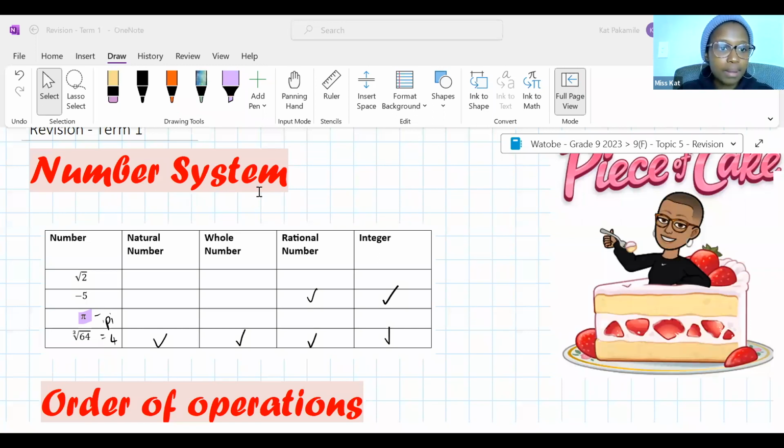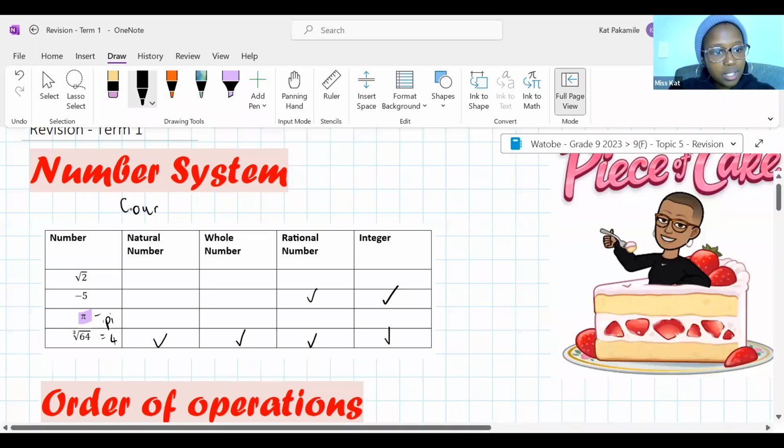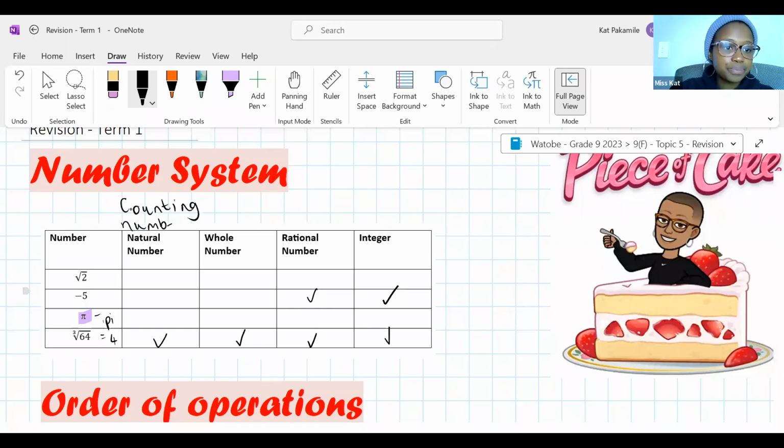Natural numbers are numbers that start from 1 to infinity. Beautiful. So these are counting numbers, right? You start counting at 1. Whole numbers start from 0 to infinity.